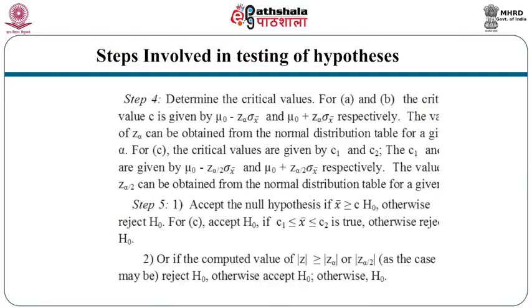Now for the first two hypotheses, that is the one-sided test, if the absolute value of z is greater than or equal to z alpha, or z alpha by 2, we may reject H naught, otherwise accept H naught. So these are the steps involved in it.